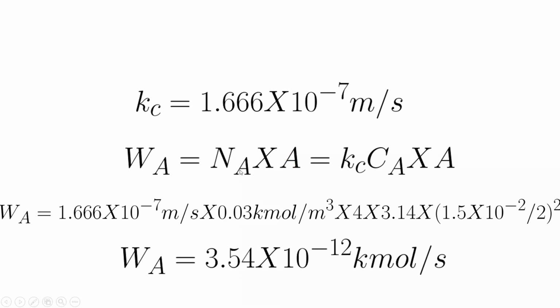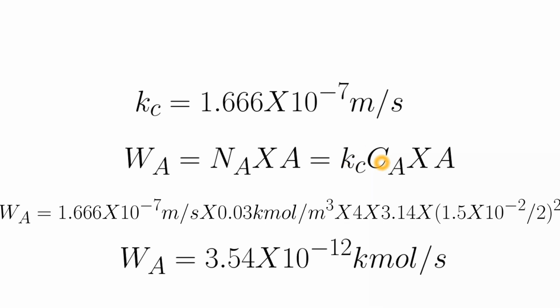So flux will be calculated as Kc into Ca minus 0. It should be Ca minus 0. Actually, since concentration at the surface of the sphere will be maximum, and far from the surface of the sphere the concentration will be 0, right? So I will put only Kc into Ca.